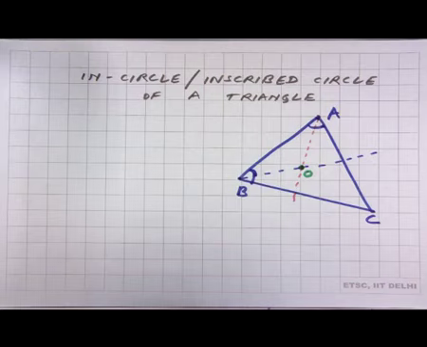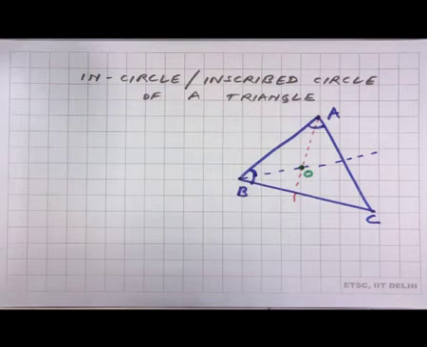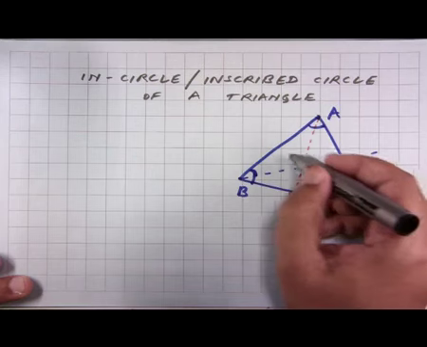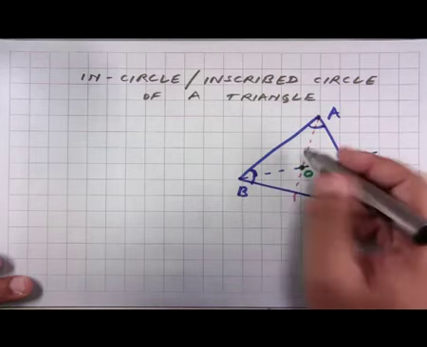And then from O we drop a perpendicular to the side AB.